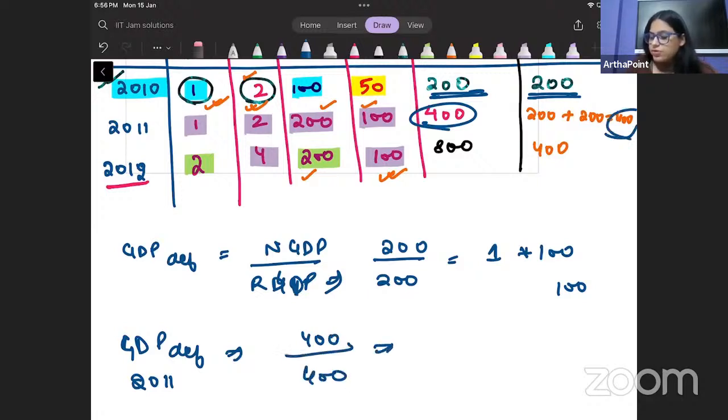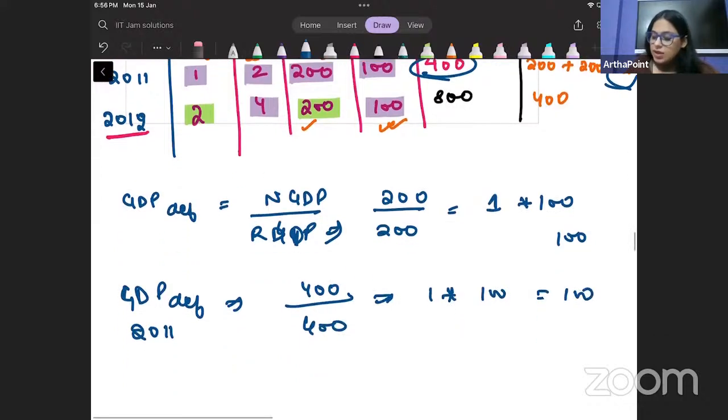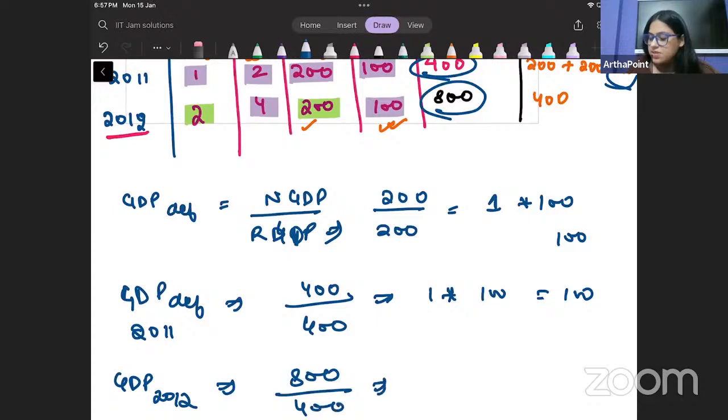So 400 by 400 is 1. You can multiply by 100, so 100%. Same. If I look at the GDP deflator of 2012, beta, I will get nominal by real. That means I will get the answer as 2 into 100. This is what is going to happen to my GDP deflators.